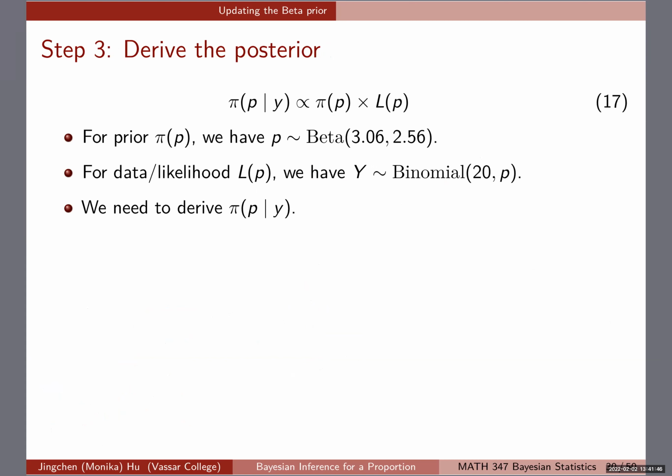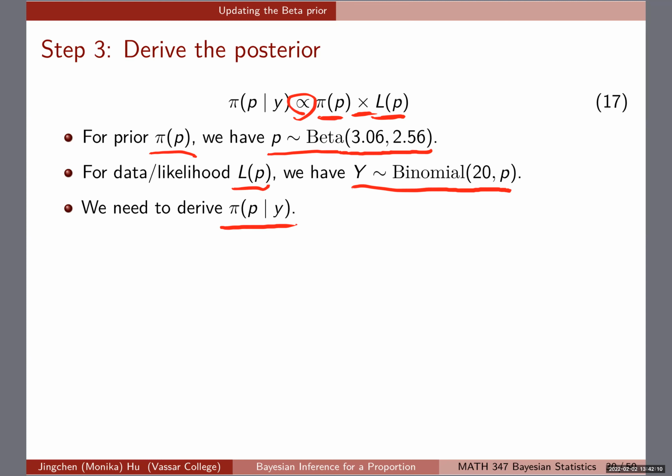Okay, so with that, I want to show you how to do our step 3 for the case when the prior is a beta, which is continuous. Here we have this proportional sign, and we are multiplying the prior and the likelihood. We have the prior, which from before is this particular beta, and the likelihood we know is from a binomial, and we need to derive this p given y.